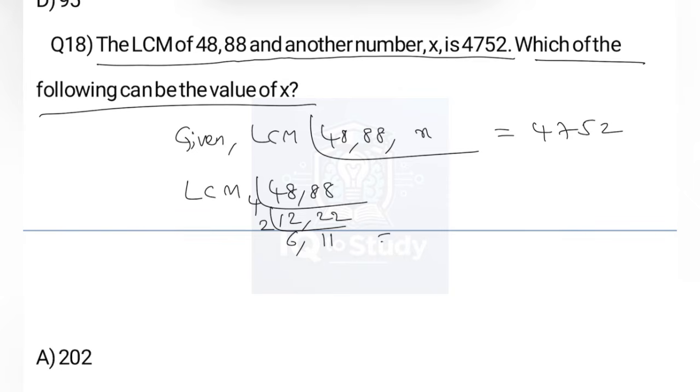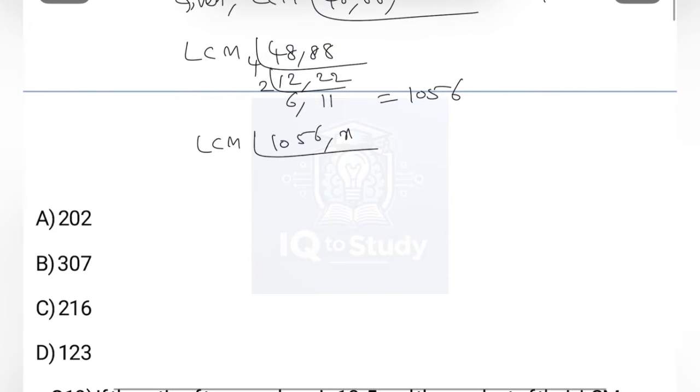Which is equal to 1056. Now we have to find the LCM of 1056 and x. Consider the options.